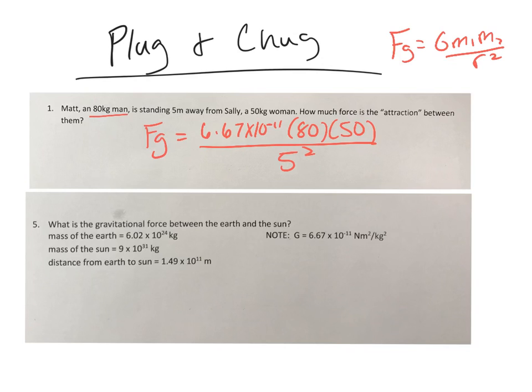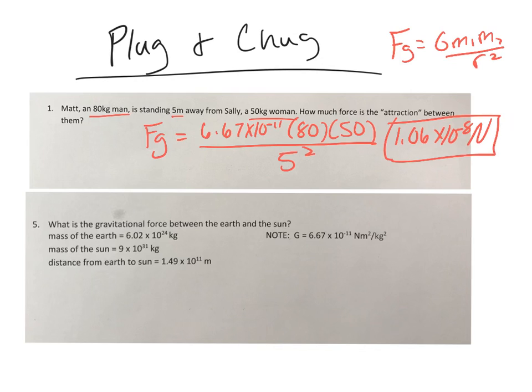So you're just taking the masses and the distances and plugging them in. If we did this, you would get 1.06 times 10 to the negative 8th newtons.